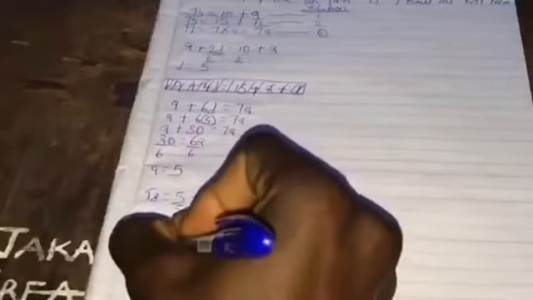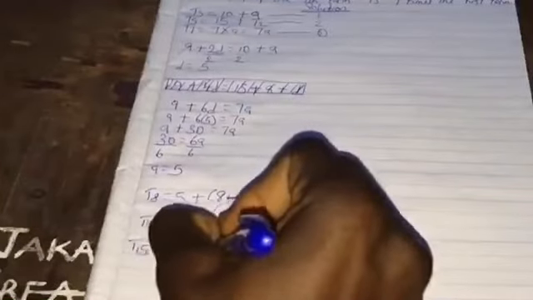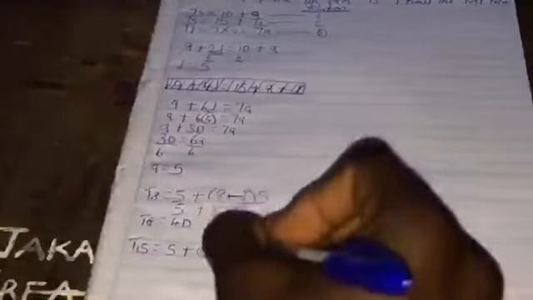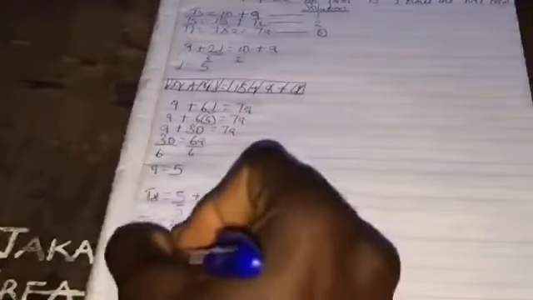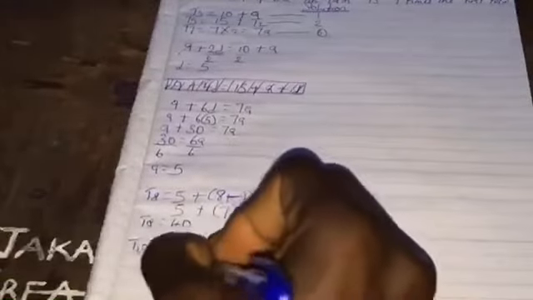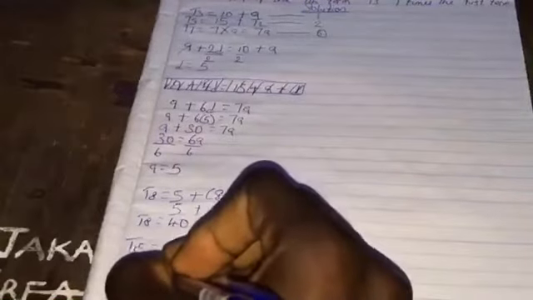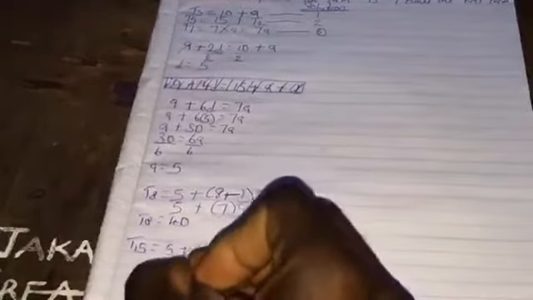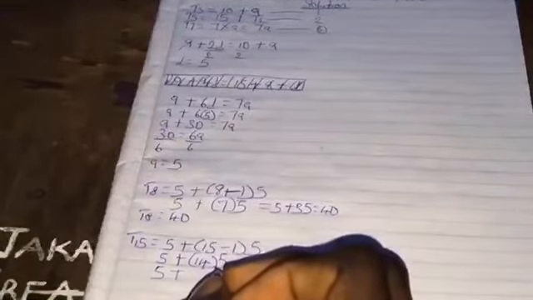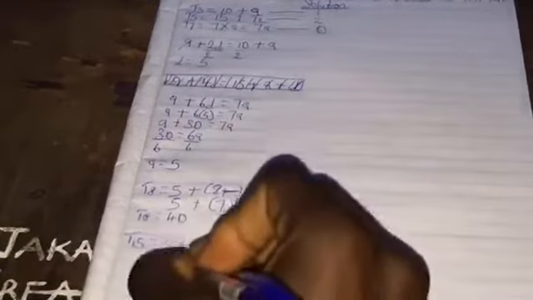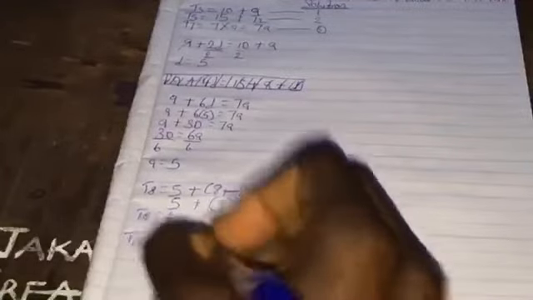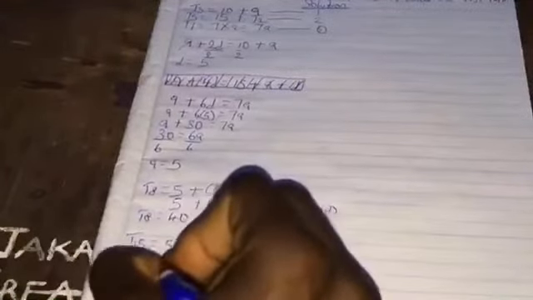Your T8 is equal to 40, and your T15 is equal to 5 plus 15 minus 1, close bracket 5. That is 5 plus 14 in bracket 5. Therefore, that will be 5 plus 14 times 5, which is 70. That will be 75. Your T15 is equal to 75.